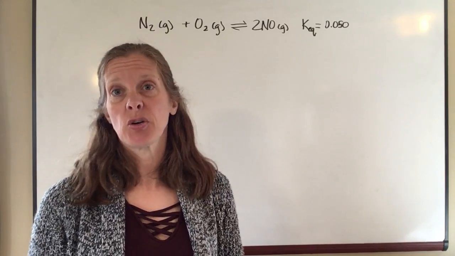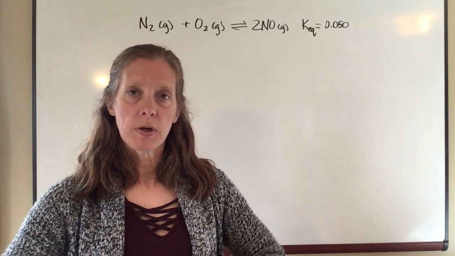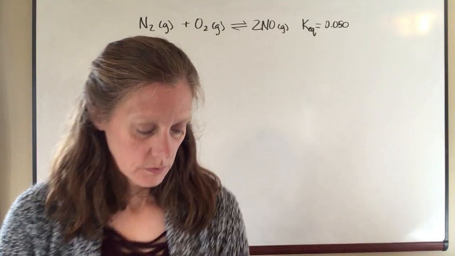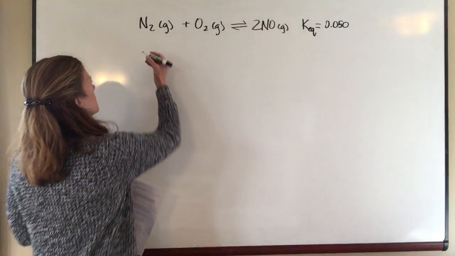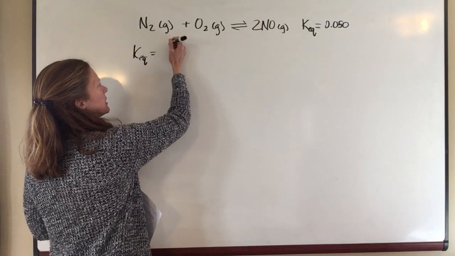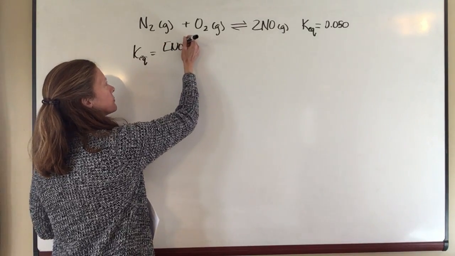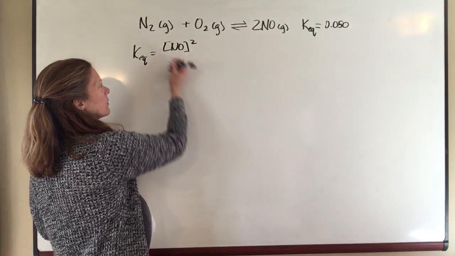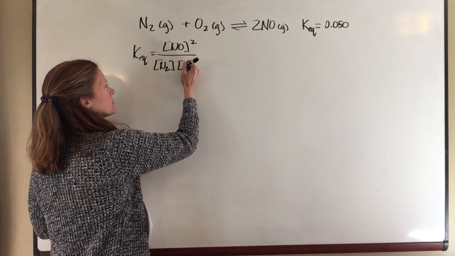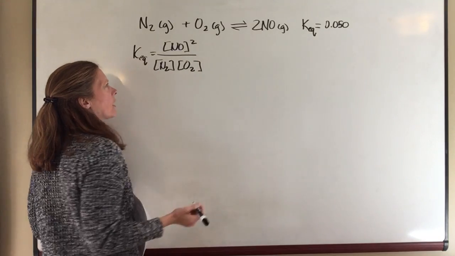So first of all, let's figure out if it's reached equilibrium. So we have to start by writing our equilibrium expression. So our equilibrium expression is going to be the concentration of the nitrogen monoxide squared over the concentration of the nitrogen times the concentration of the oxygen.